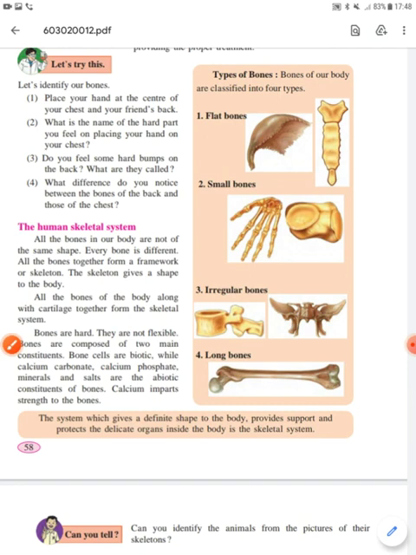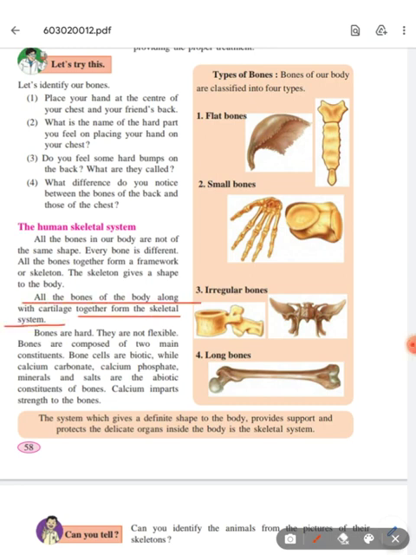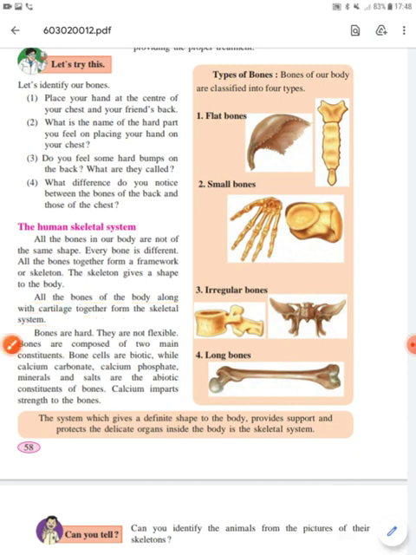Got it? This is the answer. Bones are hard. They are not flexible.